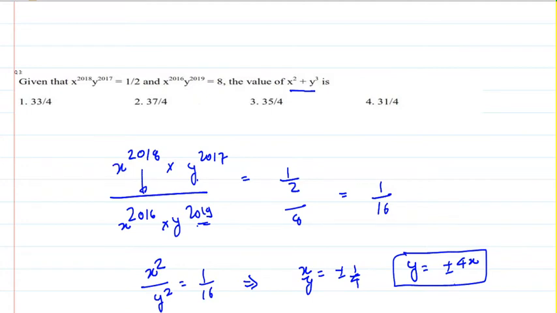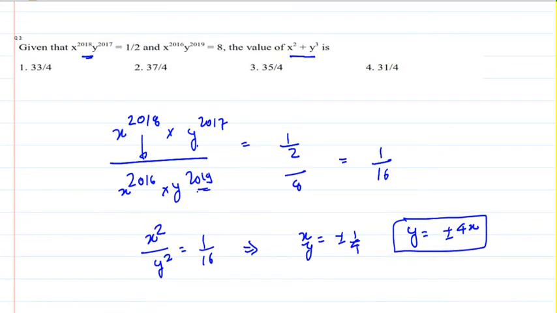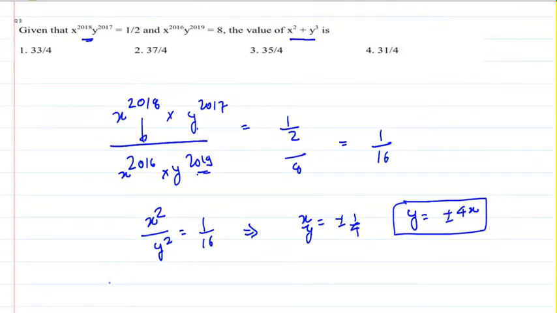From here, I can put value of y in the first equation or the second equation and I can find x. Let me try this here. If I put this value of y in the first equation, I've got x to the power 2018 multiplied by plus minus 4 x to the power 2017 is equal to 1 by 2.